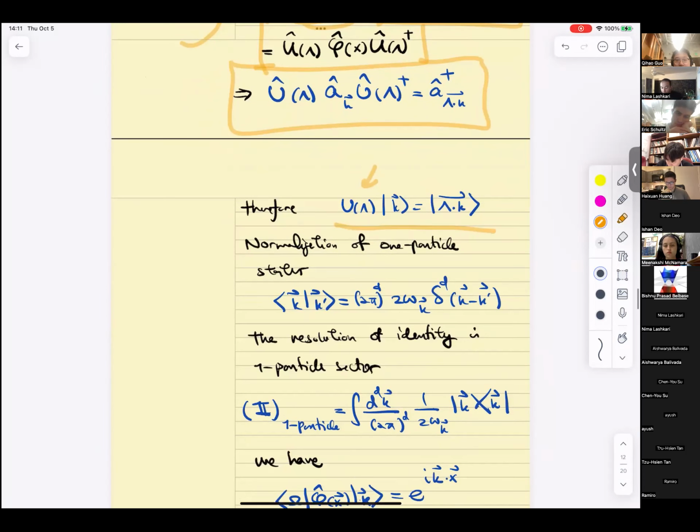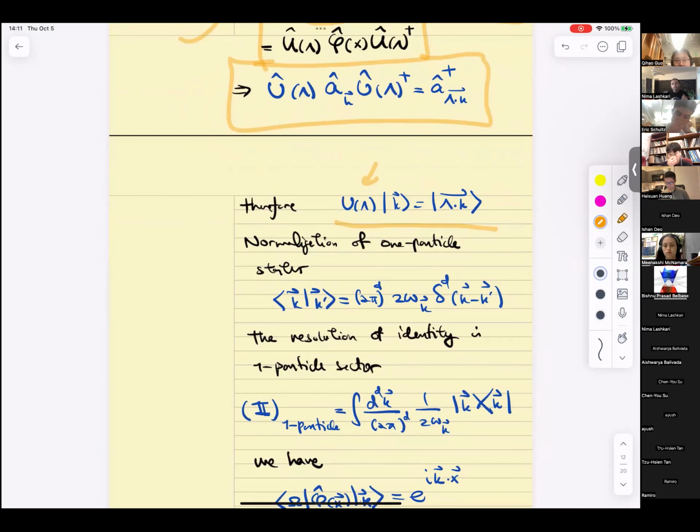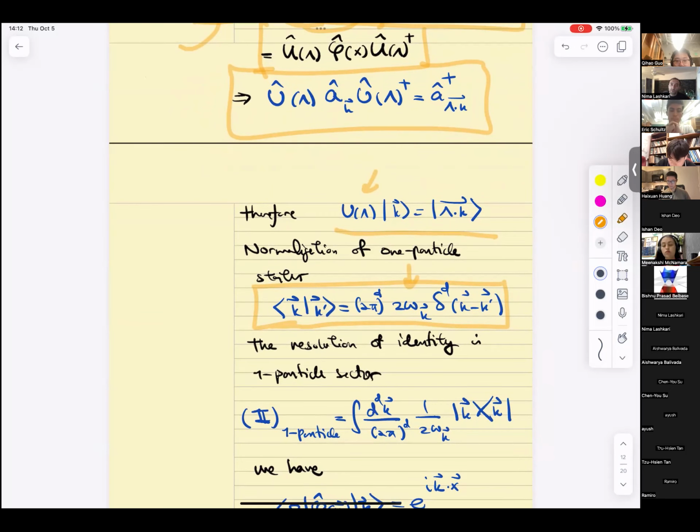Now, every time in canonical quantization in quantum field theory you see omega_k's floating around, that's because we are intentionally writing things in this covariant form. It turns out the right, good notation convention for normalizing one particle states has this extra 2 omega_k. This is not surprising at all, actually.